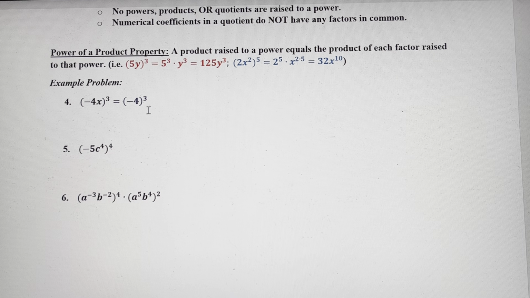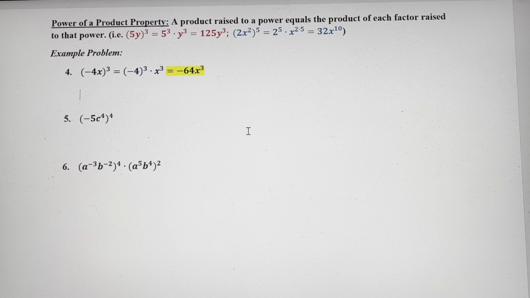When you've got a negative coefficient, go ahead and put it in parentheses, because that way we are less likely to make sign mistakes. So -4 to the third power times x to the third power. -4 times itself 3 times is -64, and then x cubed just follows along. So that's my answer for number 4. Nothing else to clean up or simplify.